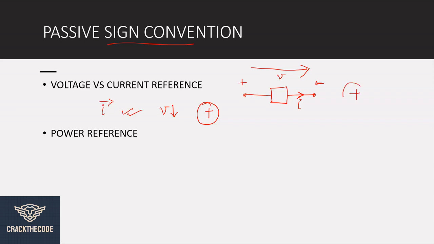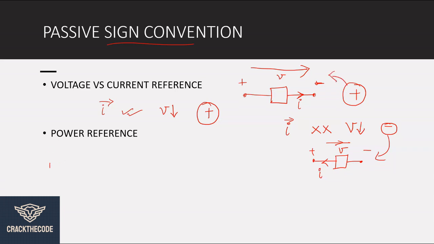Therefore, we can assume a positive sign for this element for power calculation, etc. If the direction of current is not the same as the direction of voltage drop, then we can assume a negative sign. So an example for this would be, as you can see, the voltage drop is across this direction, but the current is flowing in the opposite direction. Therefore, we can assume a negative sign for power calculations, etc.